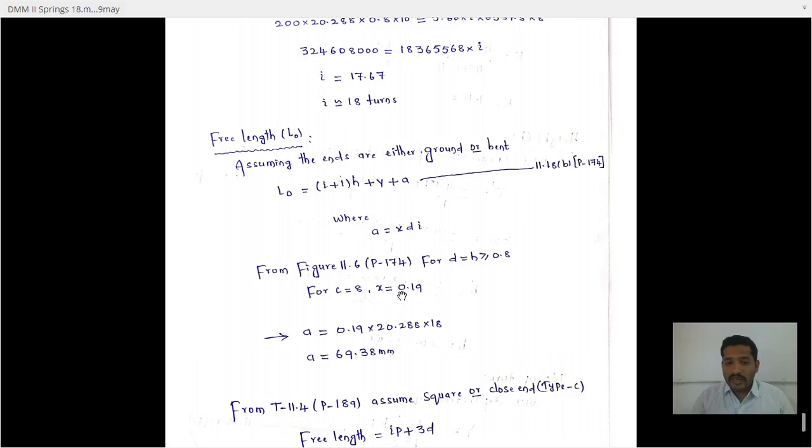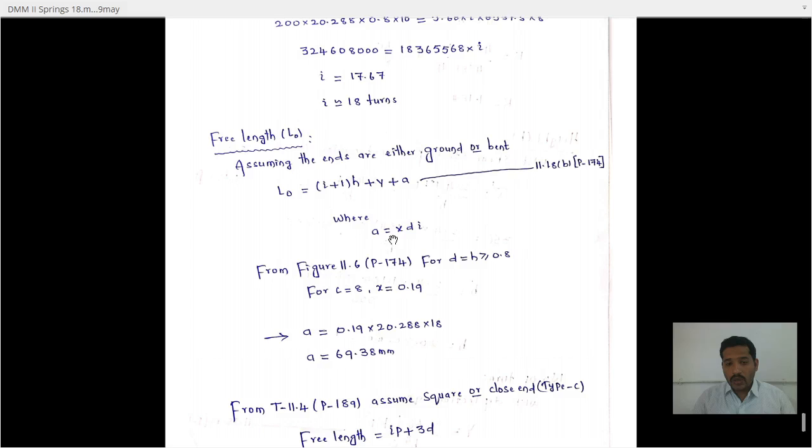After getting this value from figure number 11.6 and page number 174, after getting the C, X and D values, you need to substitute in this equation.